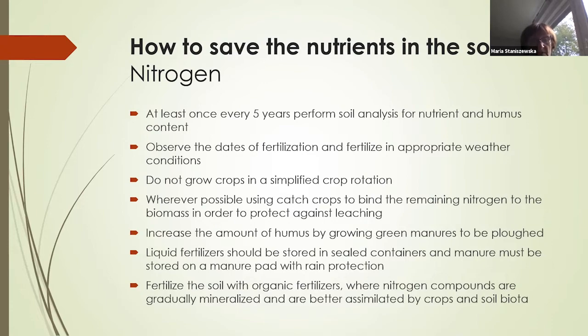Fertilize the soil with organic fertilizers, where nitrogen compounds are gradually mineralized and are better assimilated by crops and soil biota. That is the key issue: gradually mineralize. So as I showed previously, time plays a key role.